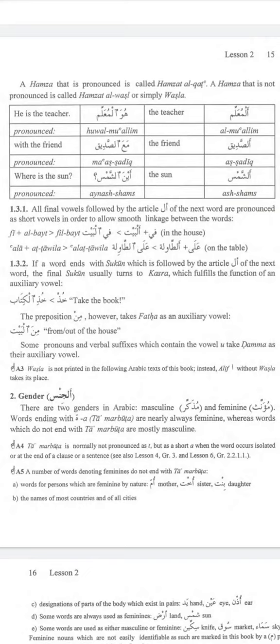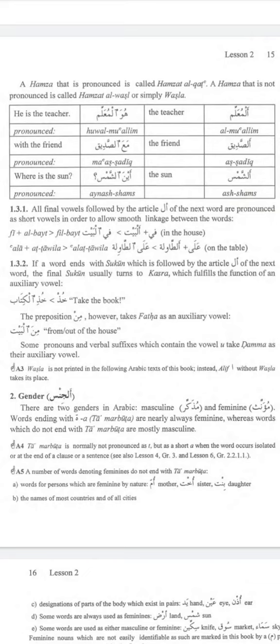It consists of two words: the first word is khudh, the other word is al-kitab. So instead of pronouncing it like that, you are going to change the last letter of the first word to kasra. Therefore you have khudhil kitab, which means take the book.